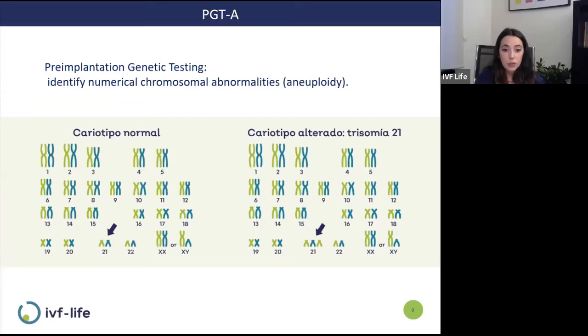They can have some sort of chromosomal problem, which is not visible in any way. But luckily, we can analyze this by PGT-A. The preimplantation genetic testing will identify the number of chromosomes the embryos have, and then we can classify them as normal or abnormal, which will be euploid for normal and aneuploid for abnormal embryos.